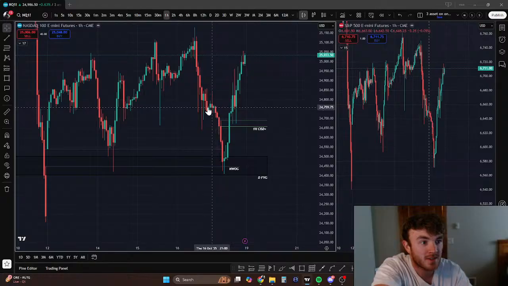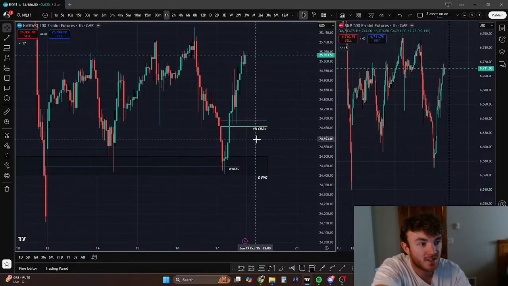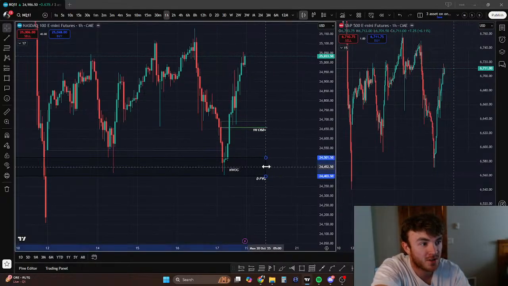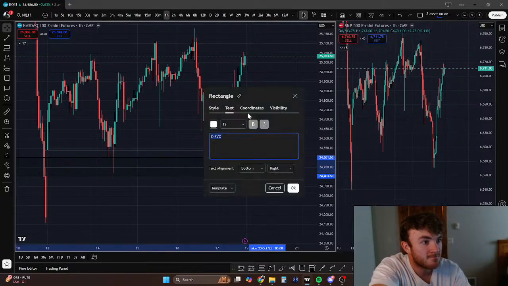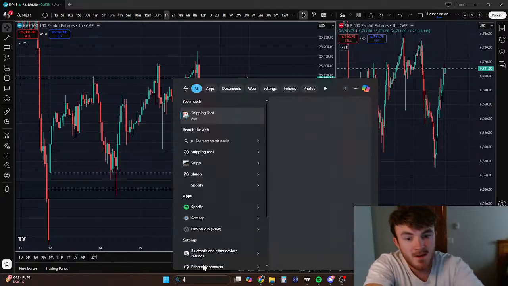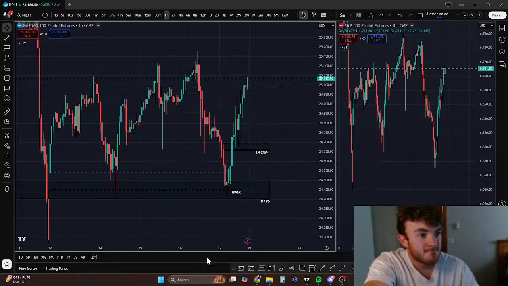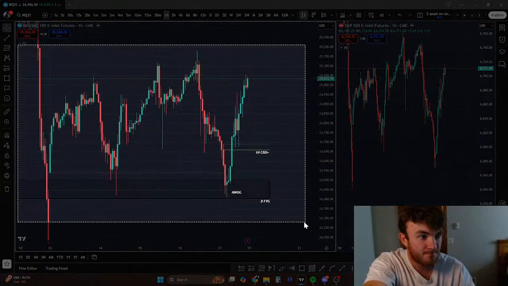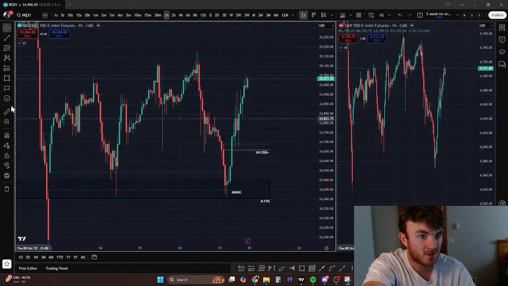So I want to mark this out as both an inversion and a change in state, right? We have a daily fair value gap, 1 hour change in state. Let's make a new folder for Saturday. Oh, let's show how this is supercharged.